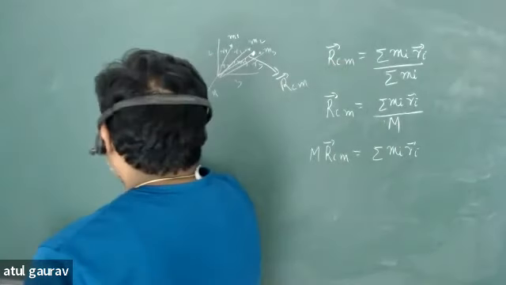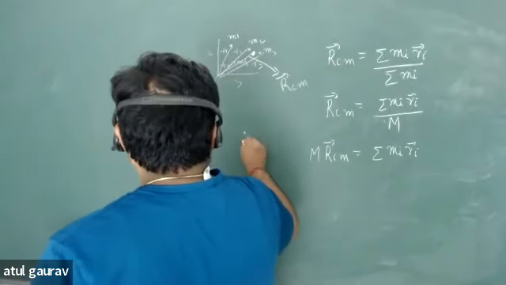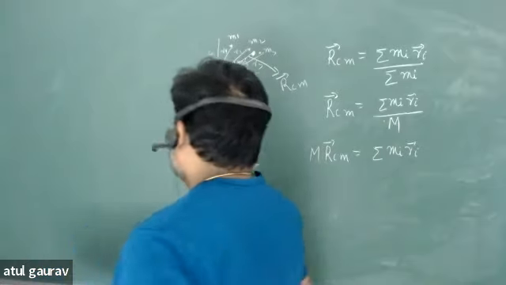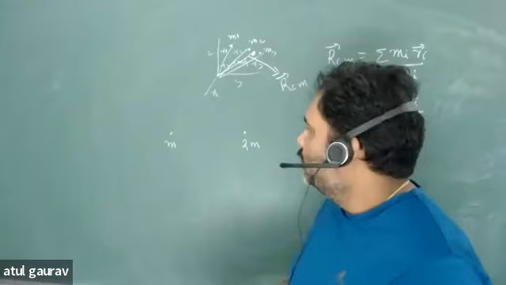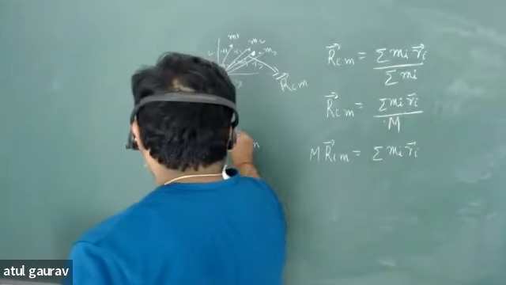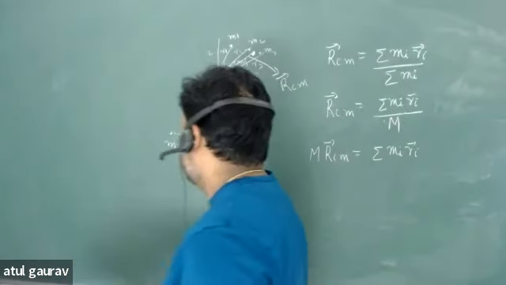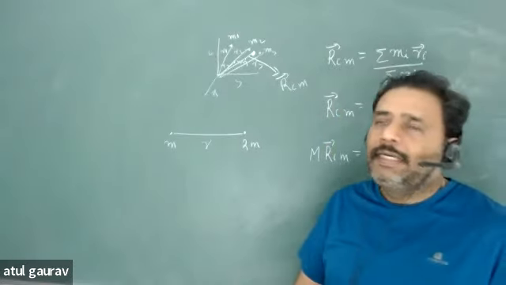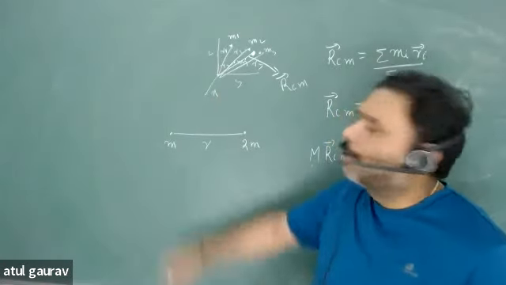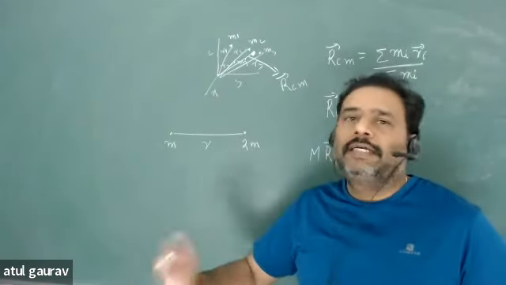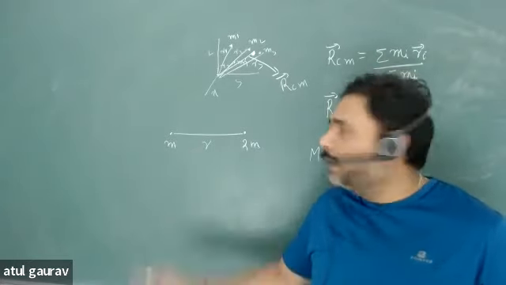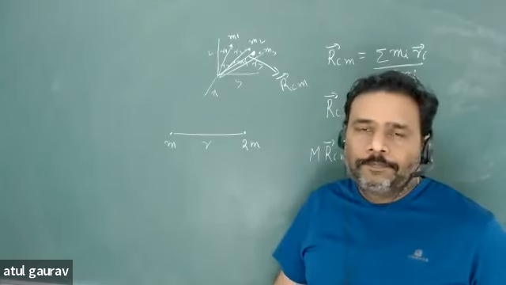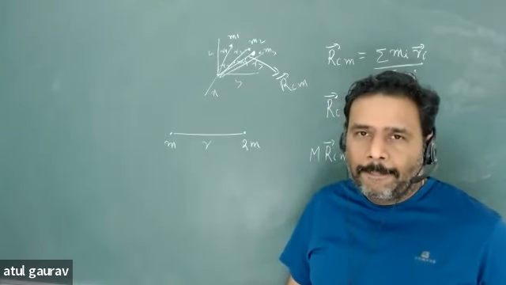The distance between these two masses is, let's say, r, and they are rotating in a circular orbit about their center of mass as their origin. Are you getting my point?